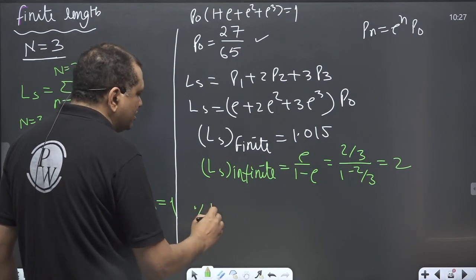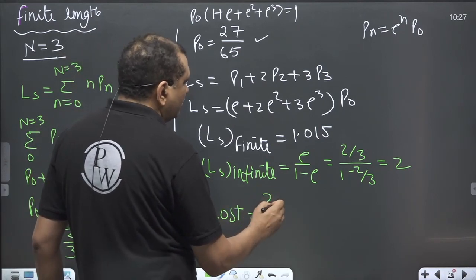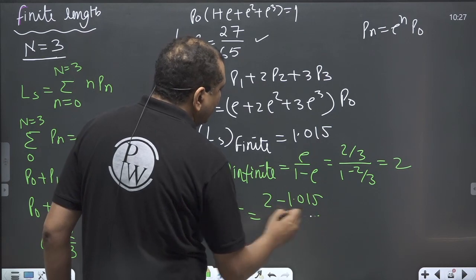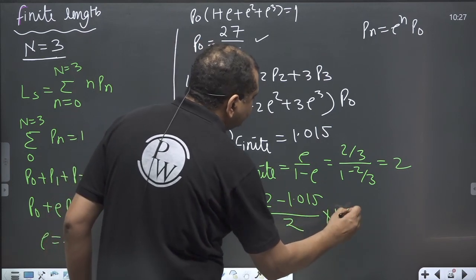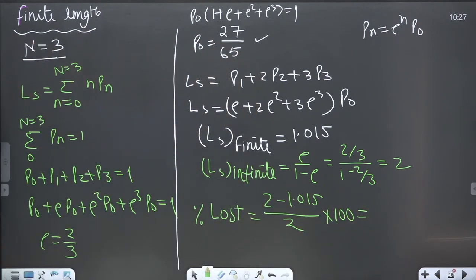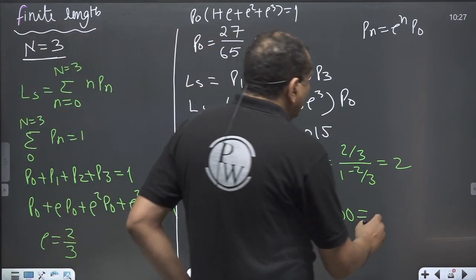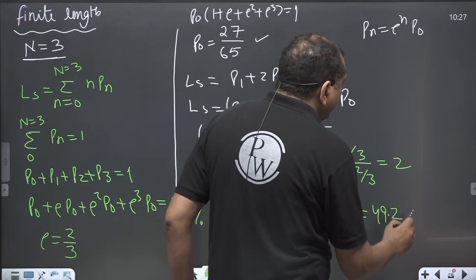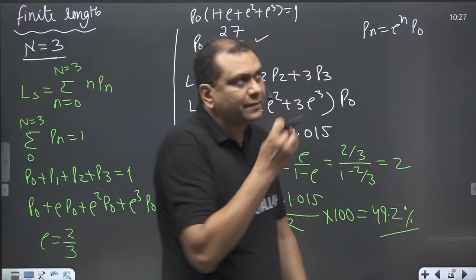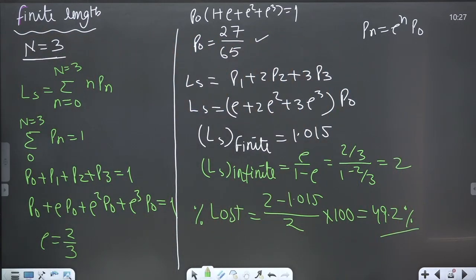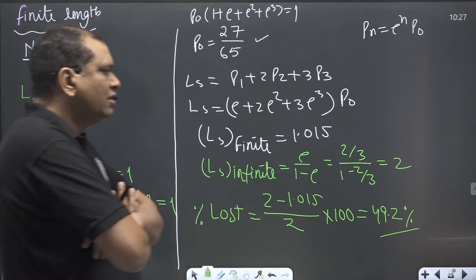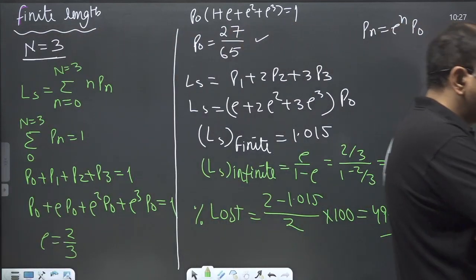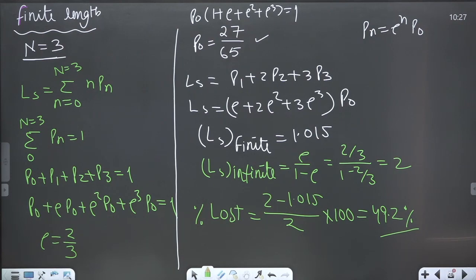So percentage customers lost is 2 minus 1.015 divided by 2 into 100. Percentage customers lost are 49.2%.